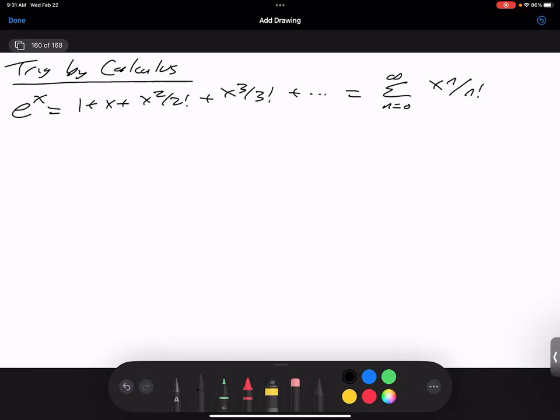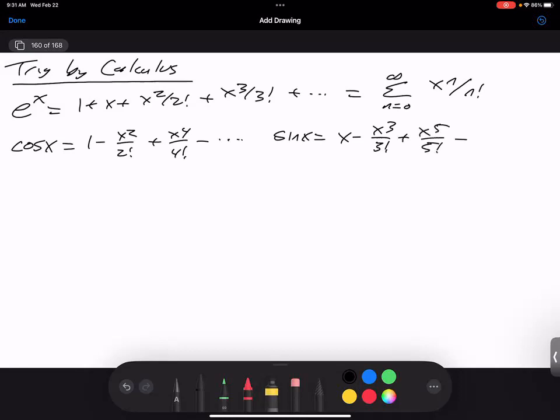And then if we do the exercise, we see cosine of x is 1 minus x squared over 2 factorial plus x to the 4th over 4 factorial minus dot dot dot. And sine of x is x minus x cubed over 3 factorial plus x to the 5th over 5 factorial minus dot dot dot. And again, you can see that by doing the Taylor series and just doing the derivatives patiently.